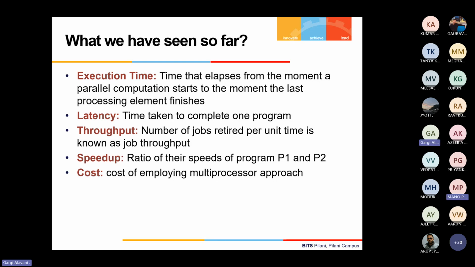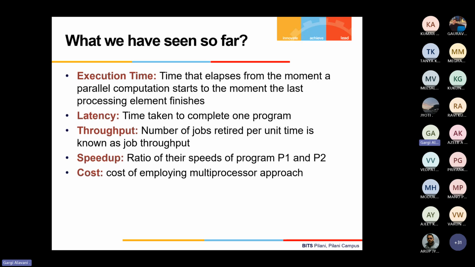An example: let's say we have a web server processing some requests, and it needs around 10 milliseconds of CPU time to execute. The server receives requests and sends a response back.